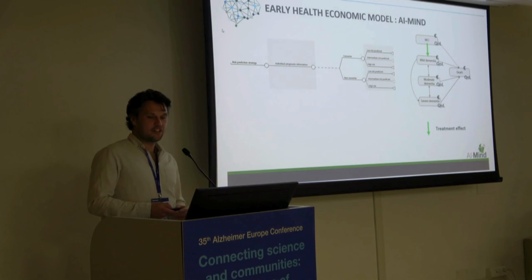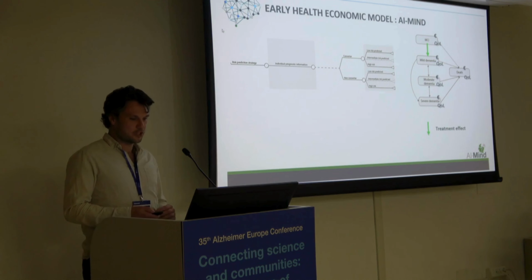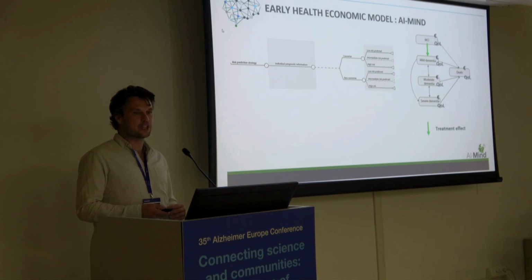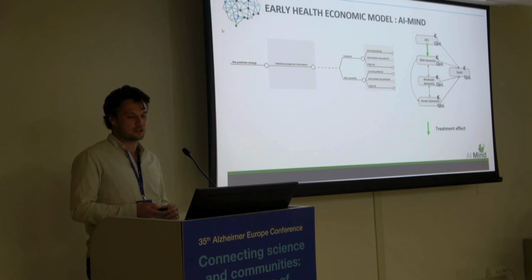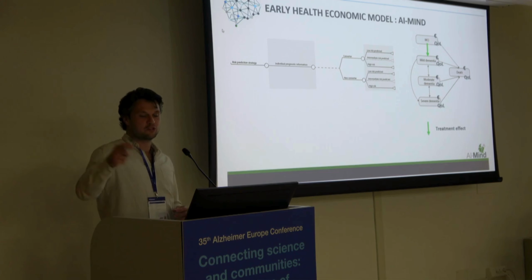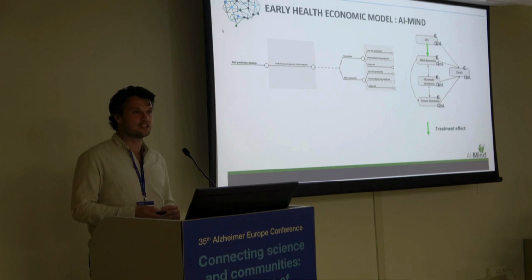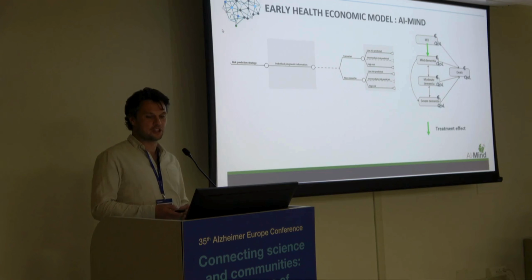And if we know which ones are the converters, we can also attach consequences to that. So if someone converts quite early, they will flow to stages of dementia, and we can add consequences to that, with regard to cost, but also quality of life, of course.